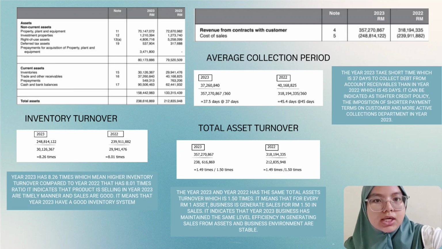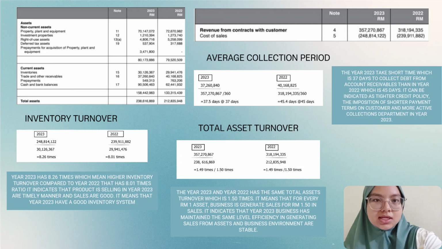For year 2022, account receivable is RM40,168,825, and credit sales is RM380,194,335. So we divide credit sales by 360 days first, and then we divide account receivable by the answer that we got. So I got 45.4 days. So it means that the year 2023 takes a shorter time than year 2022 to collect the debt.